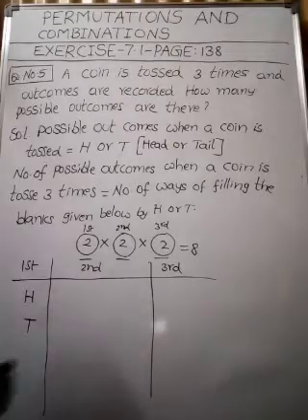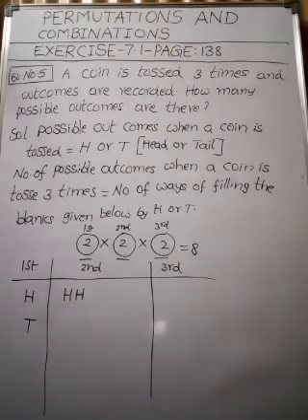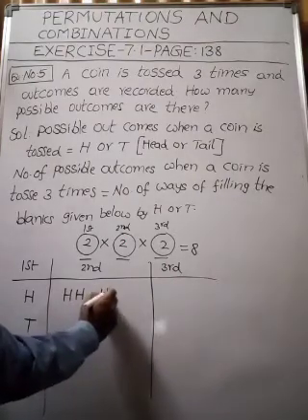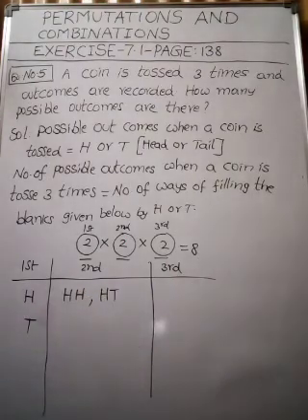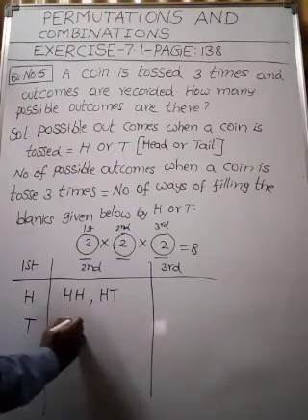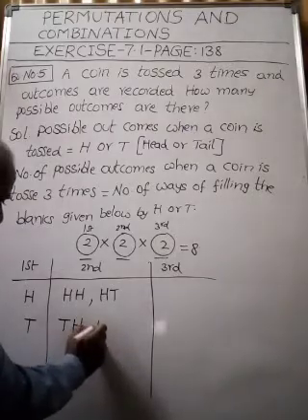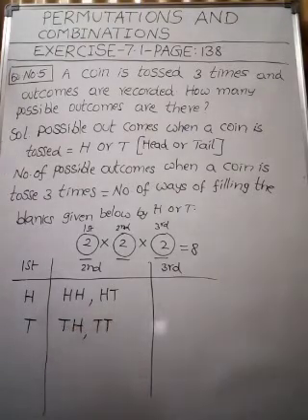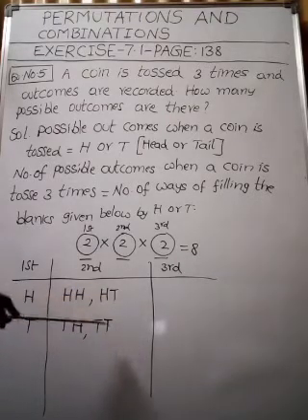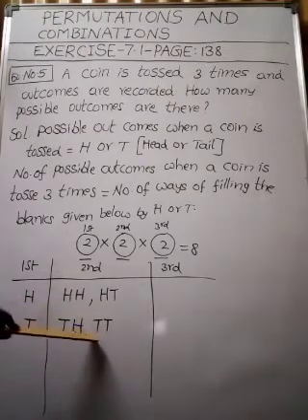Second time, first head, second also we can get head, or first head, second time tail. Or first tail, next time head, or first time tail, second time also tail. If a coin is tossed 2 times, we get these 4 outcomes: HH, HT, TH, TT.